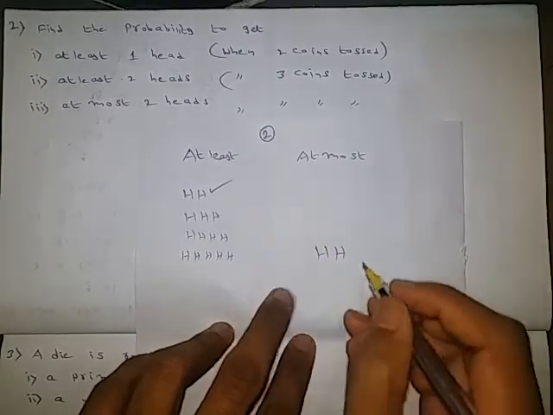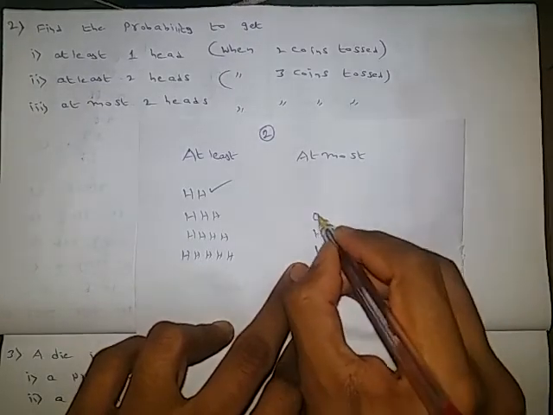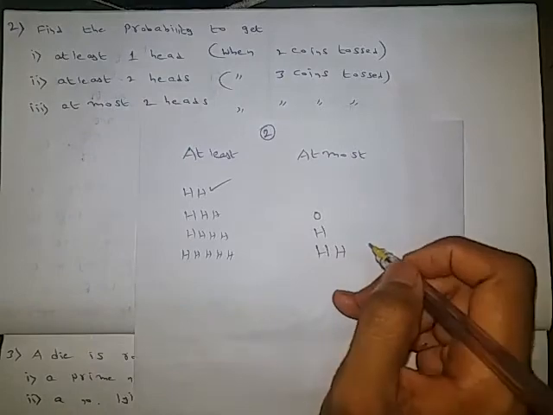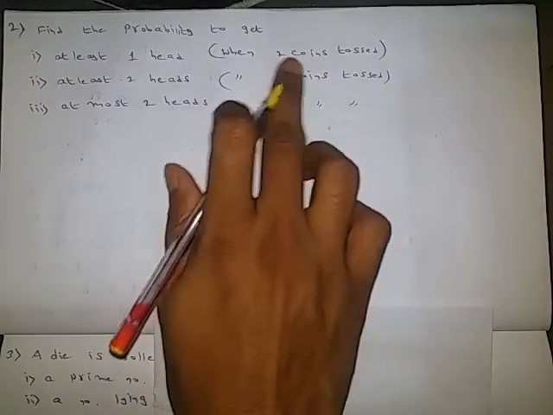Maximum 2 heads means 2 heads or 1 head or 0 heads. So this is the meaning of at least and at most. Now let's move to the question. Find the probability to get at least one head when 2 coins are tossed.